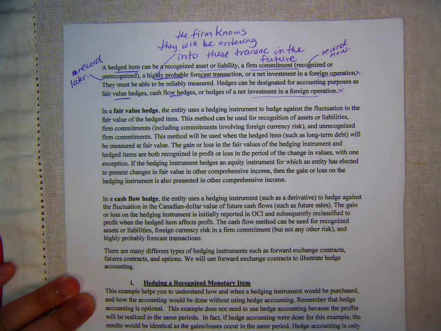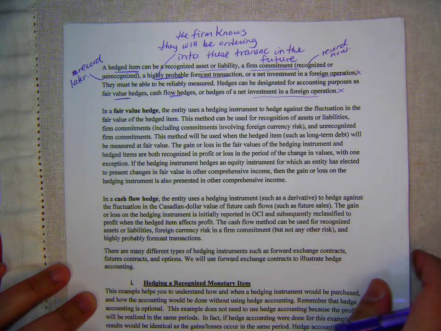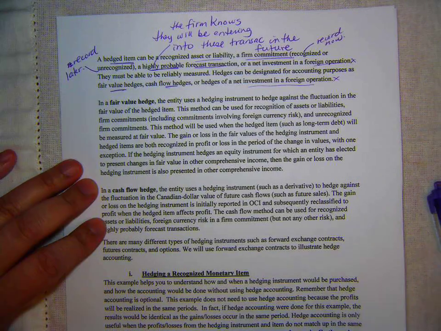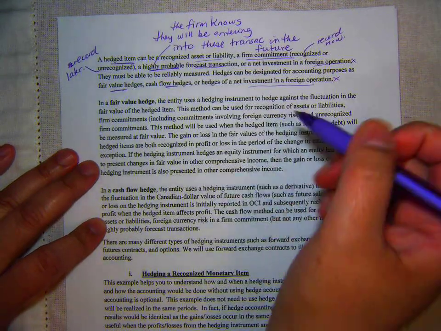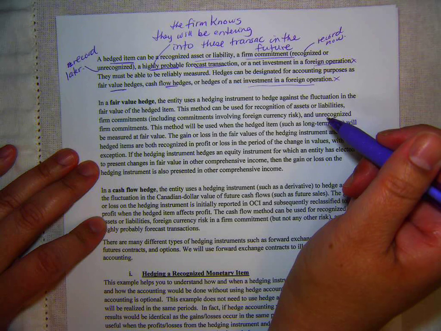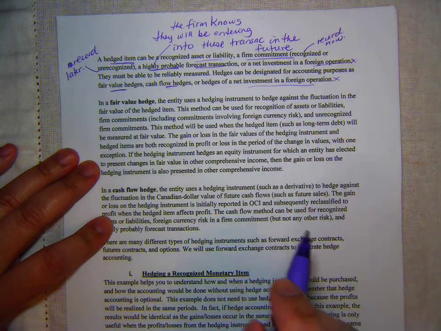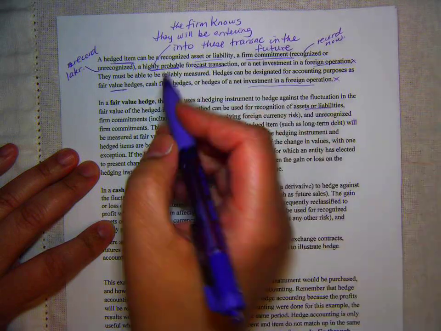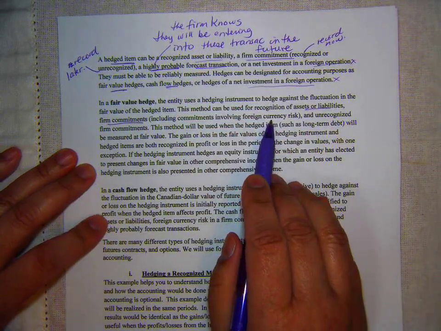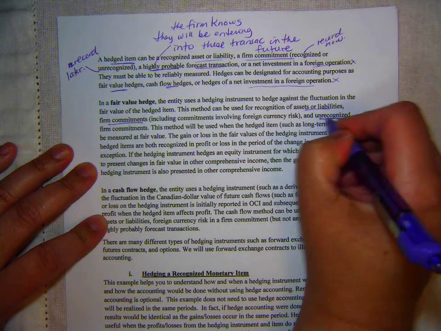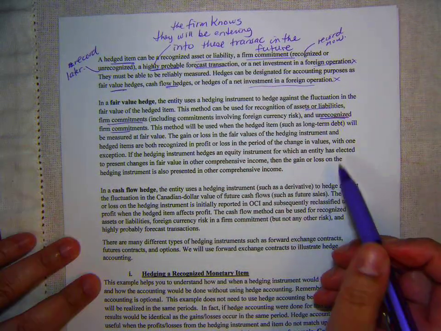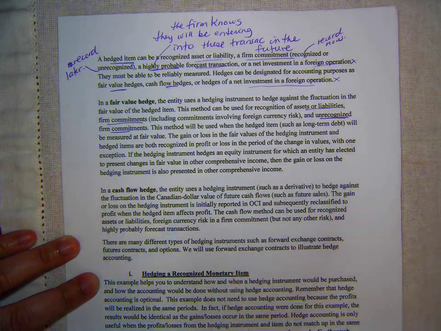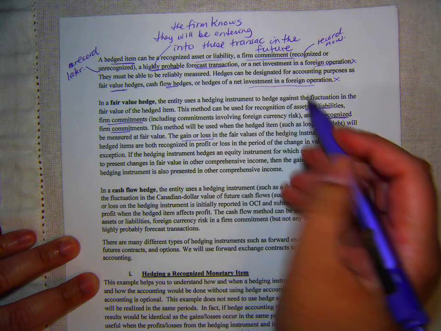So, in a fair value hedge, the entity uses a hedging instrument to hedge the fluctuation in the fair value of the hedged item. Now, this can be used for recognized assets or liabilities, including ones involving foreign currency risk, and unrecognized commitments. And what happens is the gain or loss in the fair values of the hedging instruments and the hedged items are both recognized in profit or loss in the period of the change in values.